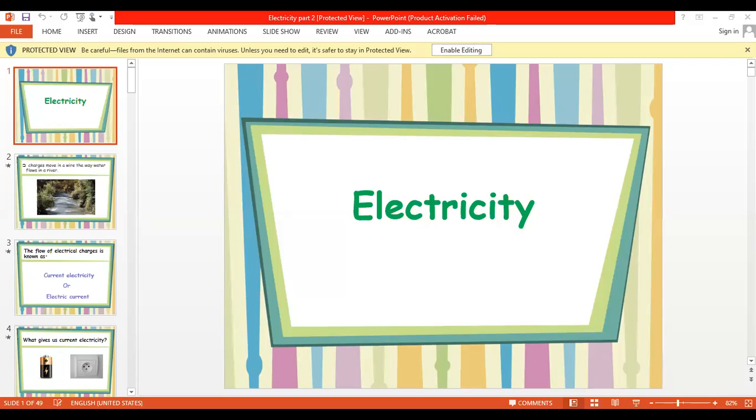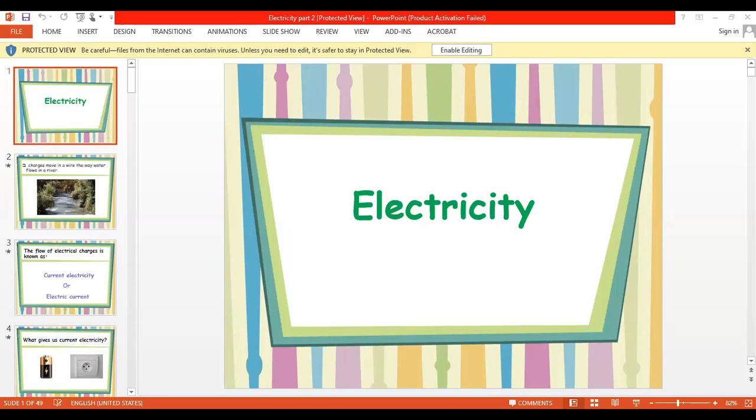As you can see, we cannot call this a circuit. In this case, will the bulb light? Yes or no? Yes, Omar. It will not light. Why?